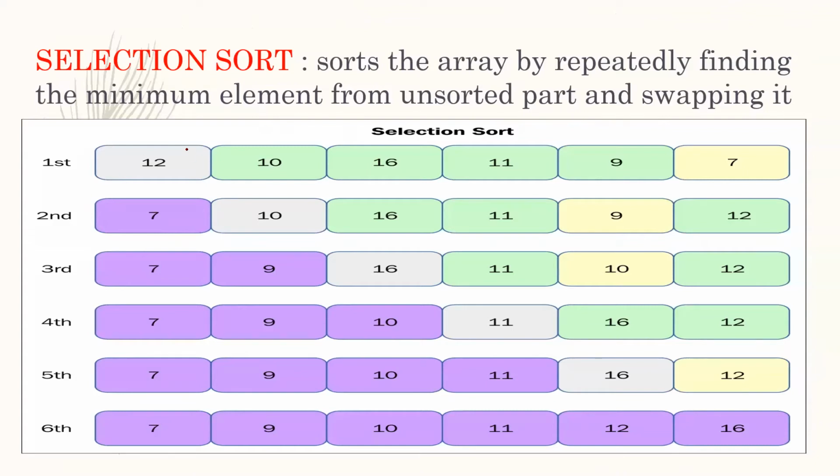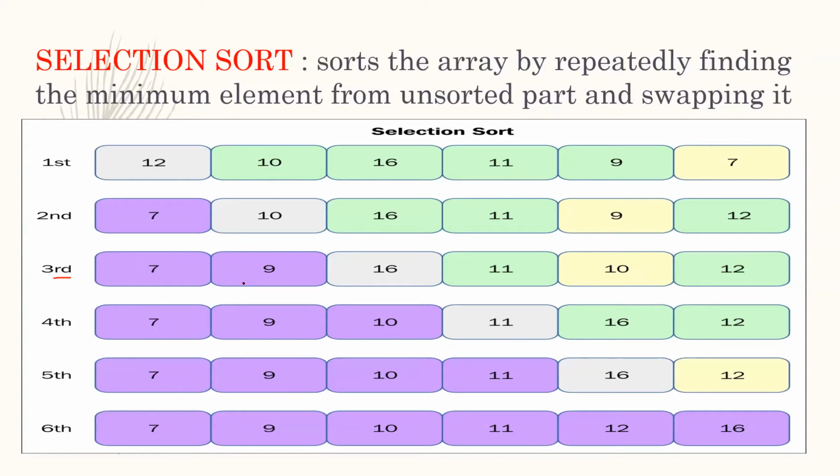What is the sorted part here? Take this third line: the sorted part is 7 and 9, right? The elements from the unsorted part, that is 11, 10 and 12, need to be sorted, and the minimum element after 9 will be swapped into place.